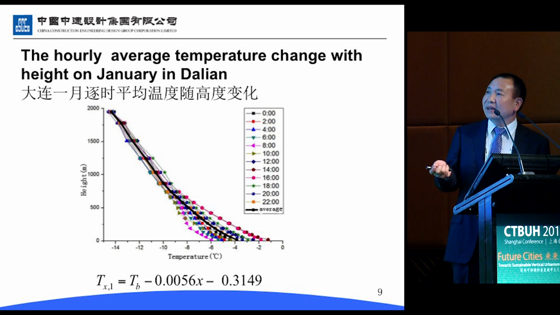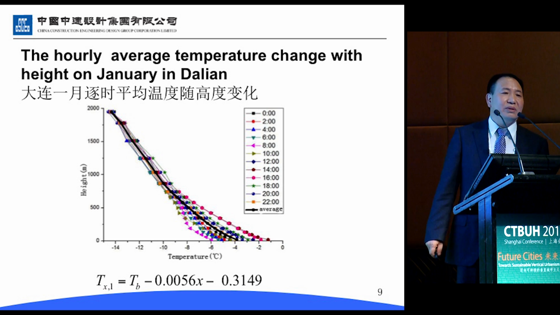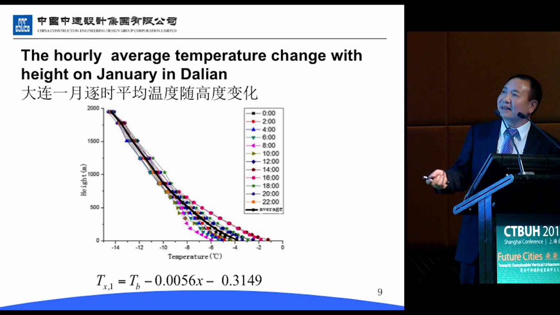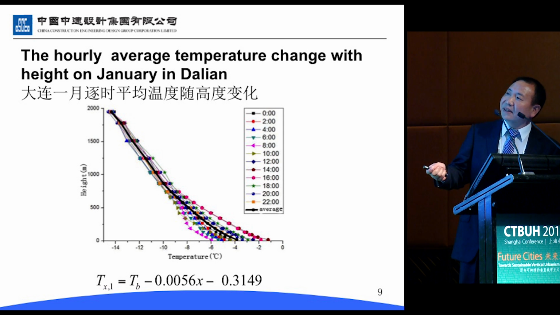Now, in the winter and the summer, you may have a different curve. In winter time, within the 1,000 feet, the temperature differs about 7 or 6 Celsius degree. Again, this is a rough estimate. And this is the current research we are doing. But basically, the black line is the average temperature change over different height.